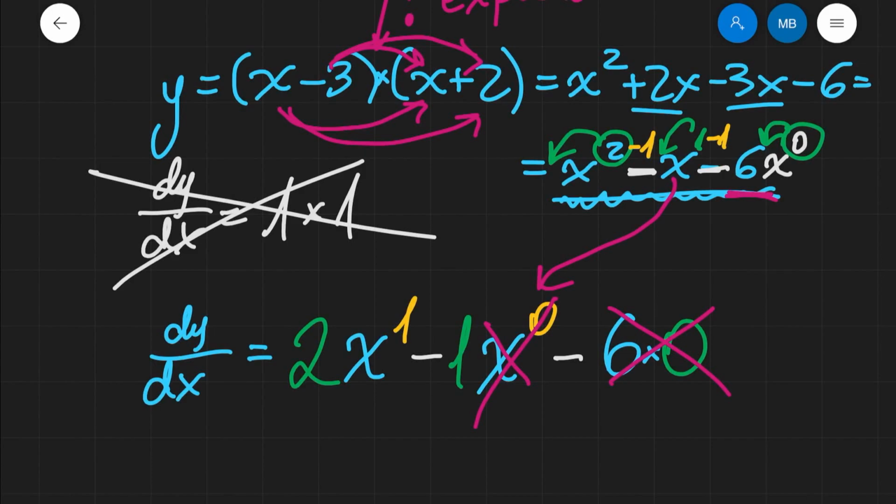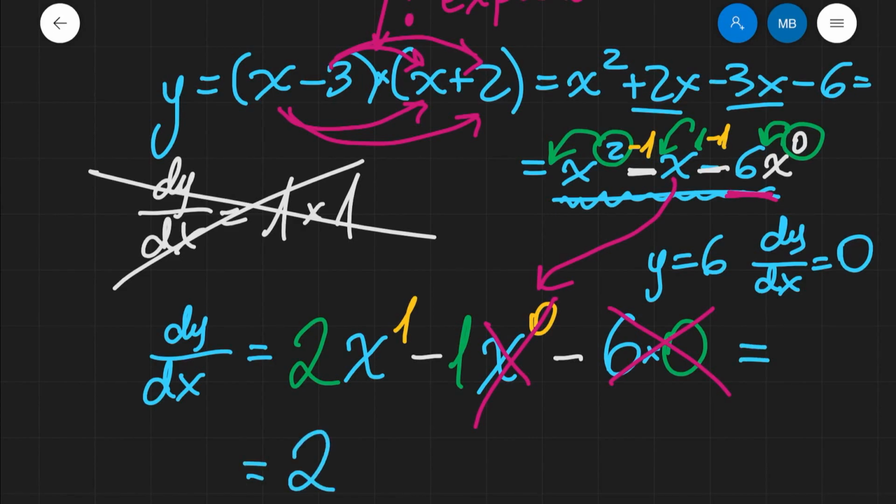And so the derivative of 6 is 0. The derivative of any constant will be 0, it will just cancel out. So my final answer is 2x to the power of 1, so just 1, minus 1x to the power of 0, so just minus 1, and minus 0, which I don't write.